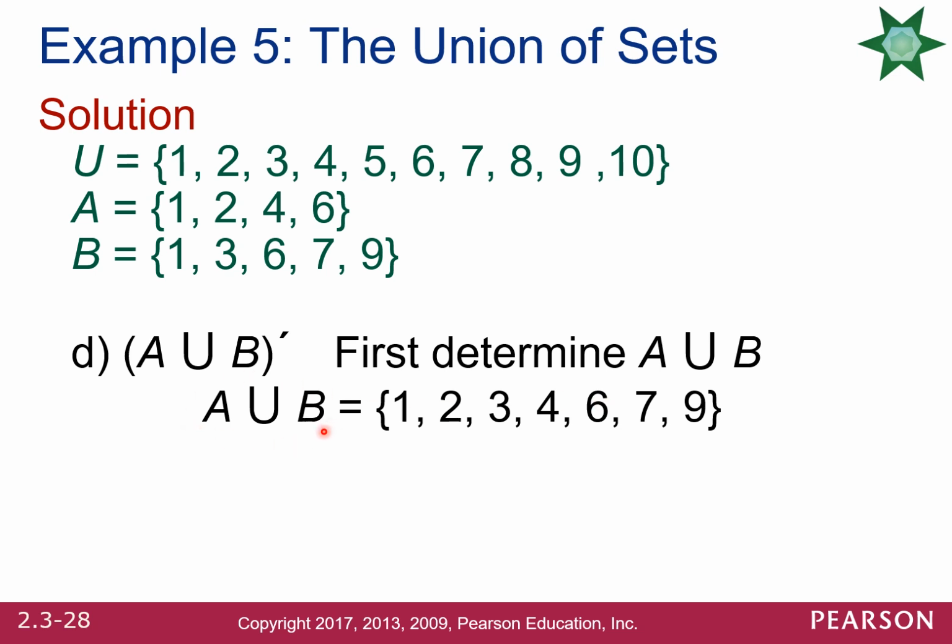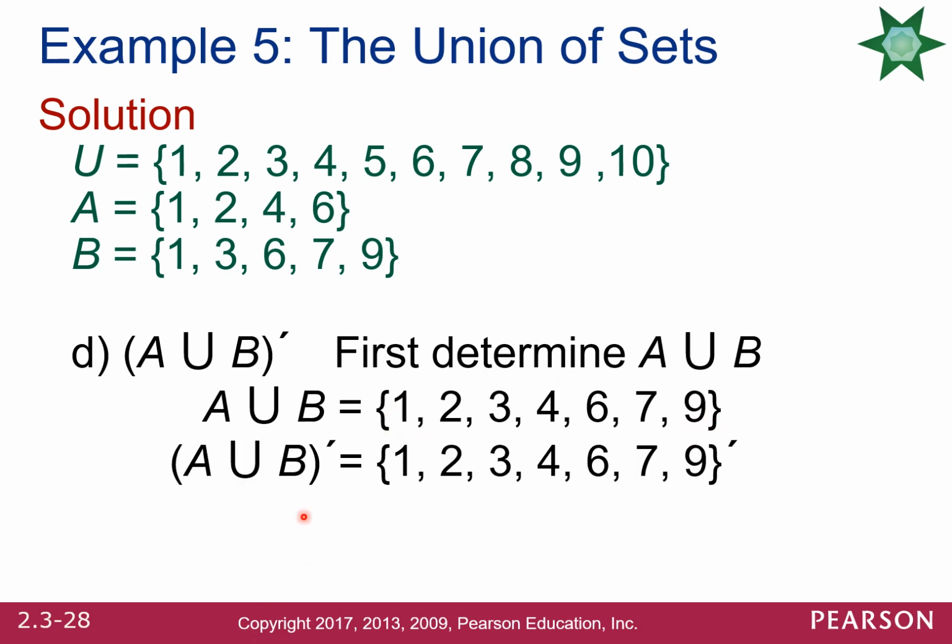Then to find the complement of that, we have to go to the universal set and pick the elements which are not in this set. All right? So let's see what they come up with. A union B naught would be 1, 2, 3, 4, 6, 7, 9 naught. So just make sure that you understand what we are doing here. All right?